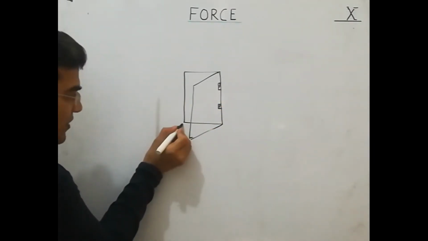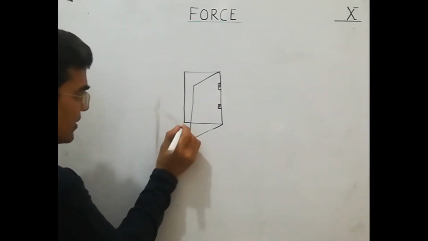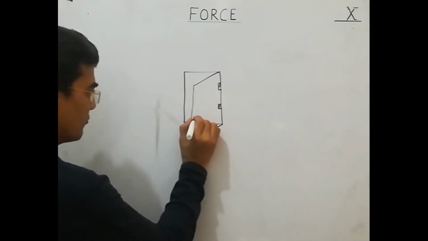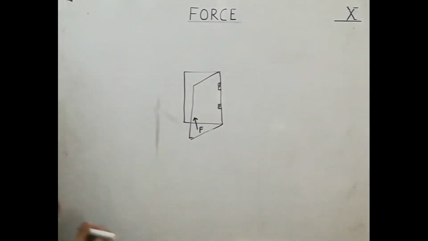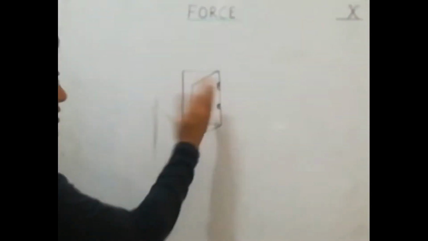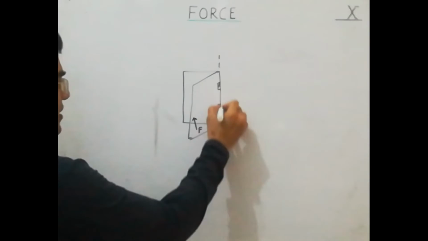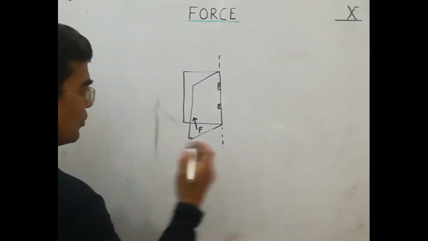So you can see when you apply the force, then the door has moved like this, or you are closing the door, you can say. So you are applying the force in this direction. And this is the point about which the door is rotating. So you can say this is the axis of rotation.